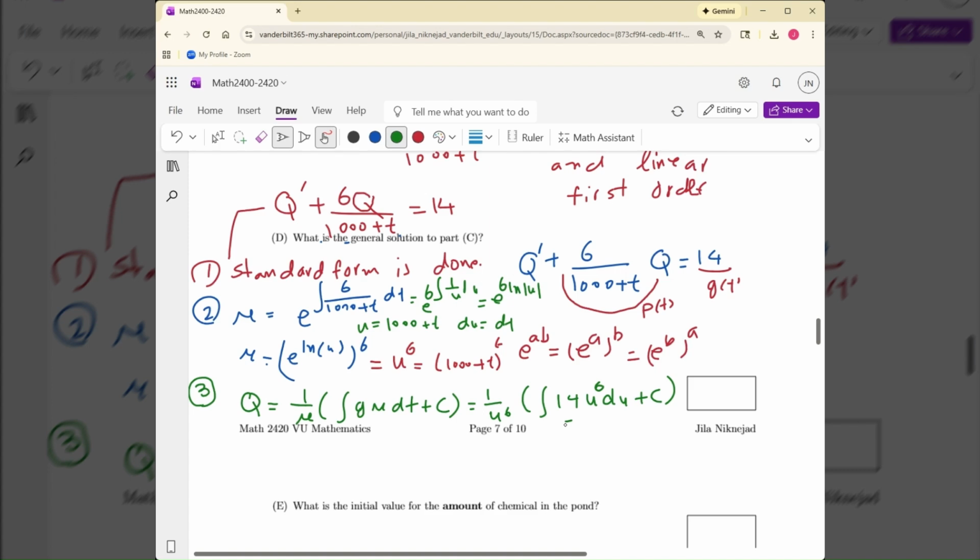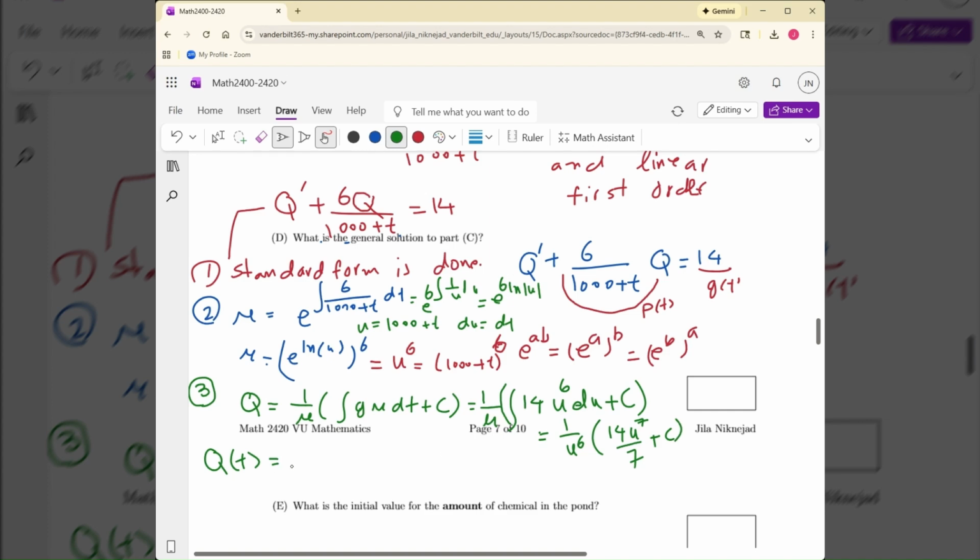And the answer to this is going to be 1 over u to power 6, which is mu, times the integral, 14 u to power 7 divided by 7, plus c.